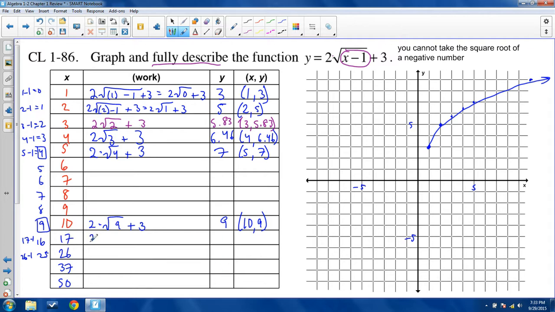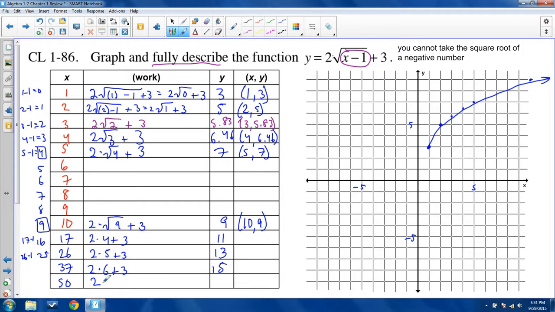Because this one will be 2 times the square root of 16, which is 4, plus 3, and that's 11. This will be 2 times the square root of 25, which is 5, plus 3, which is 13. So notice how this is jumping up each time. That's kind of cool. 2 times the square root of 36, which is 6, plus 3, which is 15.